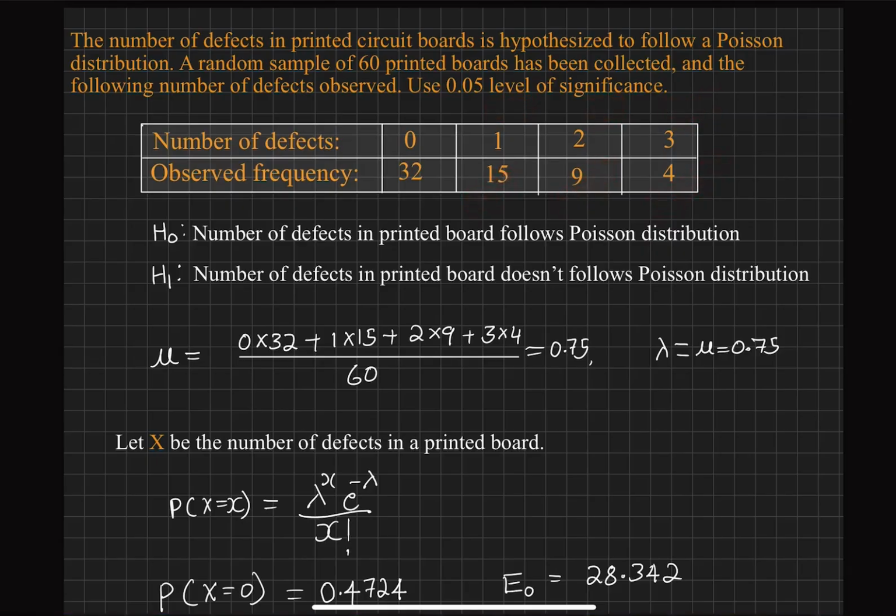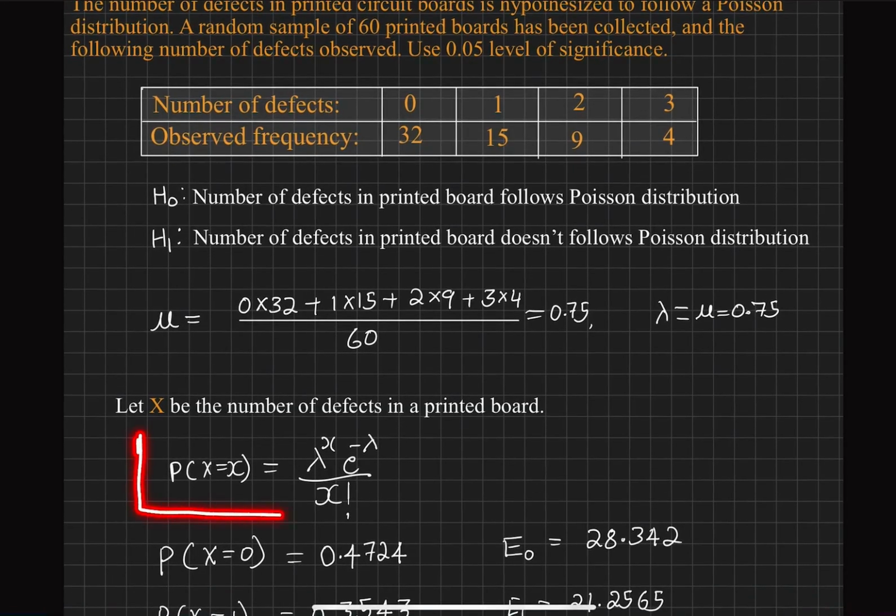Now according to this, let us make a hypothesis. First one is null hypothesis, that is number of defects in printed board follows Poisson distribution. Second one is alternate hypothesis, that is it does not follow Poisson distribution. Now we know that Poisson distribution probability mass function is given by lambda power x e power minus lambda by x factorial.